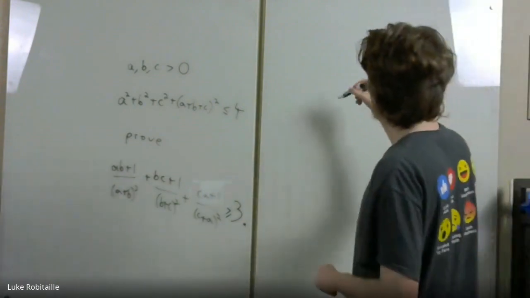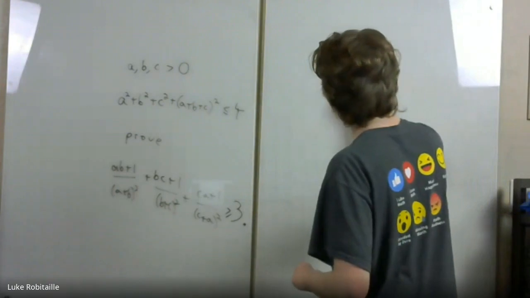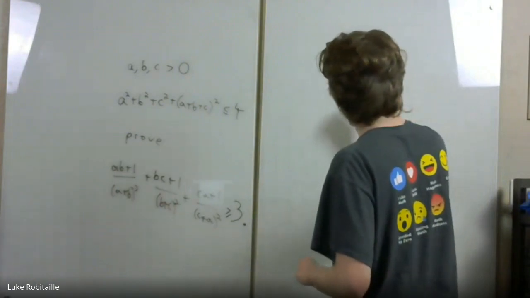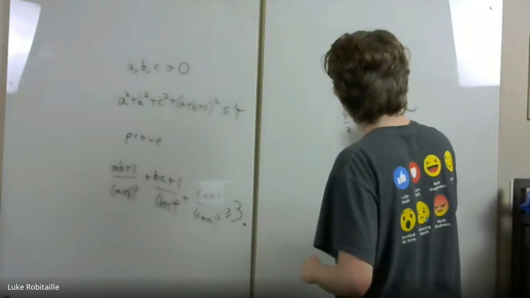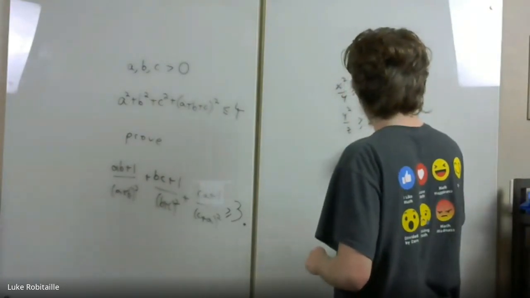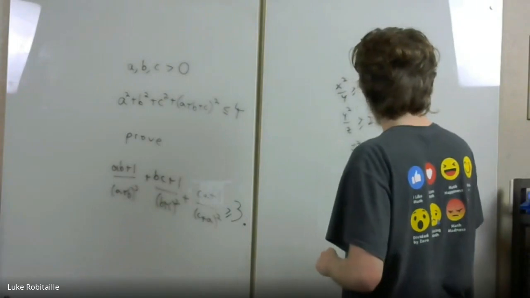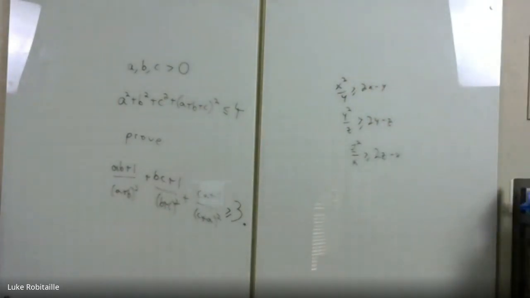In the solution I mentioned, to get equality you would need equality in all of these, which would require x, y, and z to be all equal. So x equals y equals z, meaning in the original case a equals b equals c, making that the only equality case.